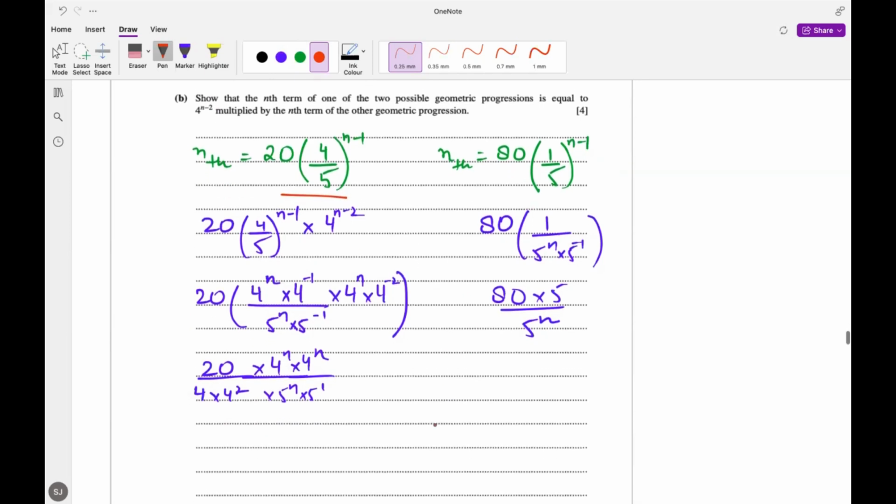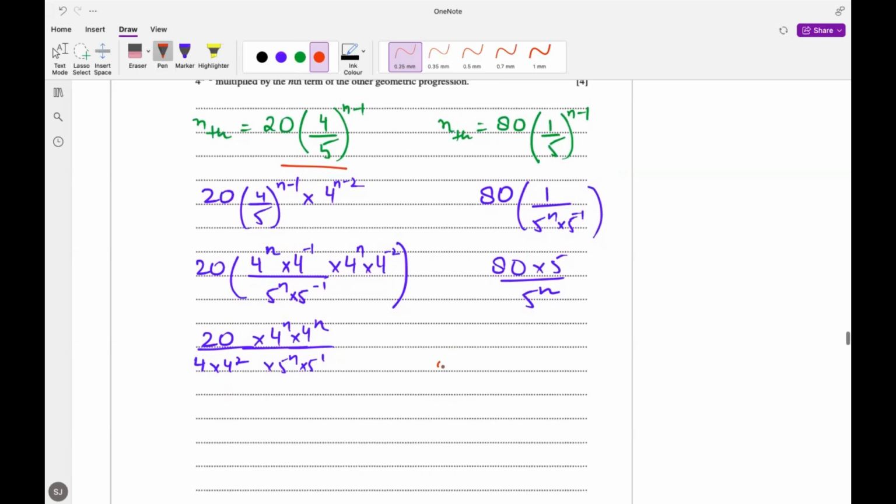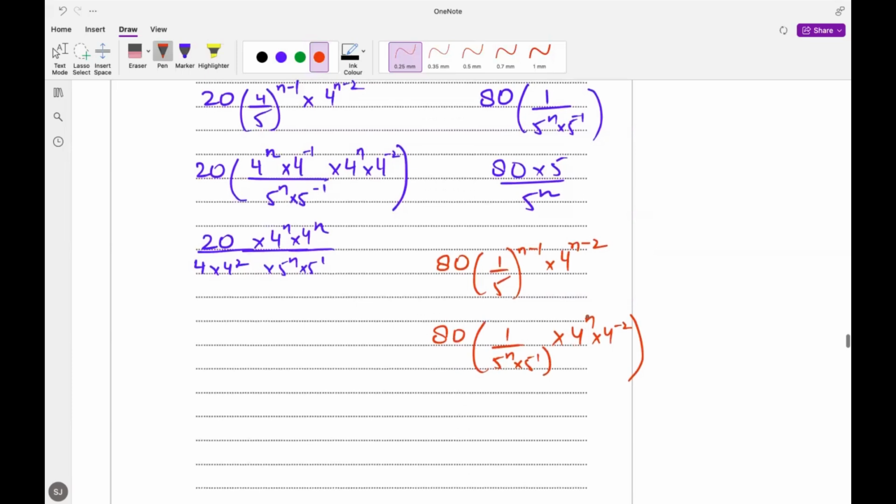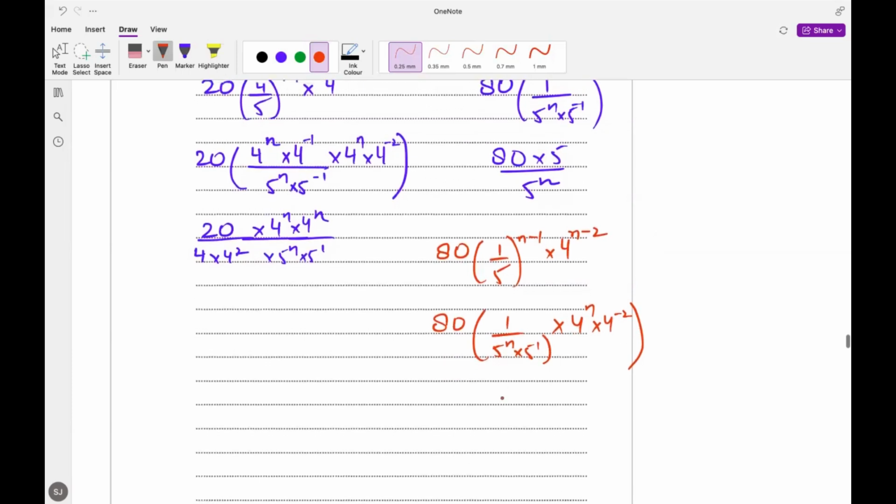Now multiplying this other nth term, 80 into 1 upon 5 to the power n minus 1, by 4^(n-2), we'll get 80 into 1 upon 5^n into 5^(-1), multiplied by 4^n into 4^(-2). So keeping 4^n in the numerator, we'll bring 4^(-2) in the denominator.